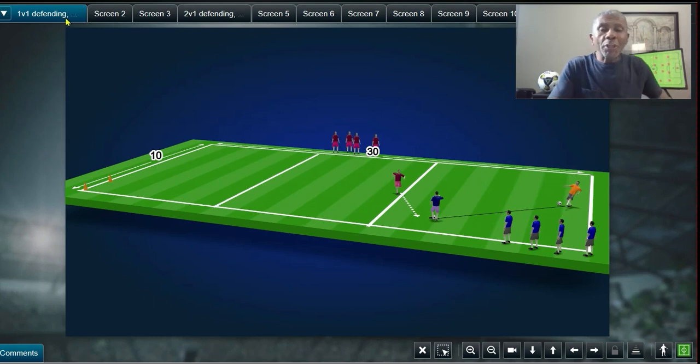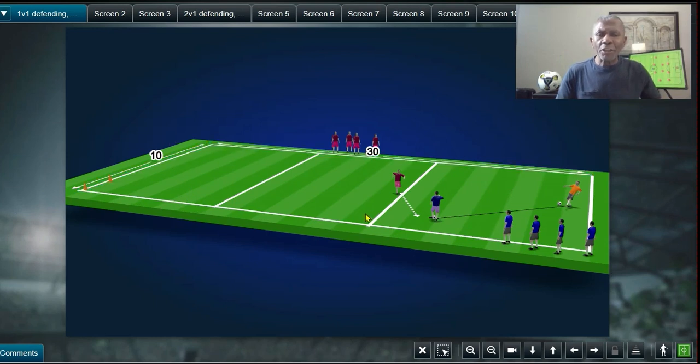We're going to start with the topic of defending, but the objective is to force the attacker inside. Then we're going to go to force the attacker down the touchline. Then you're going to go to various repetitions of 2v2, 3v3, and so on and so forth. So now let's start with this here.